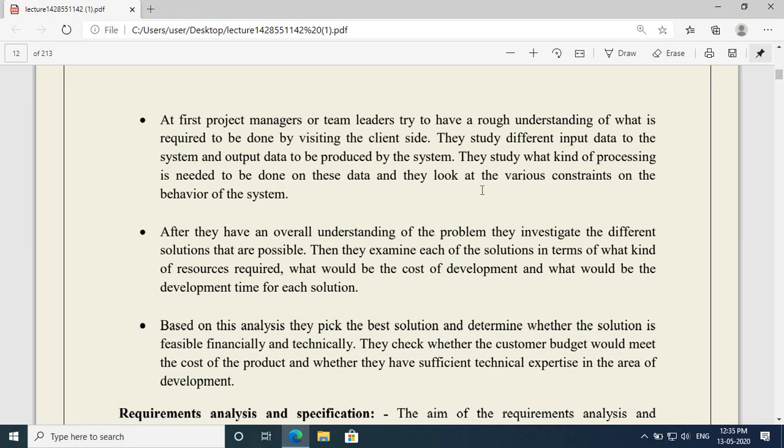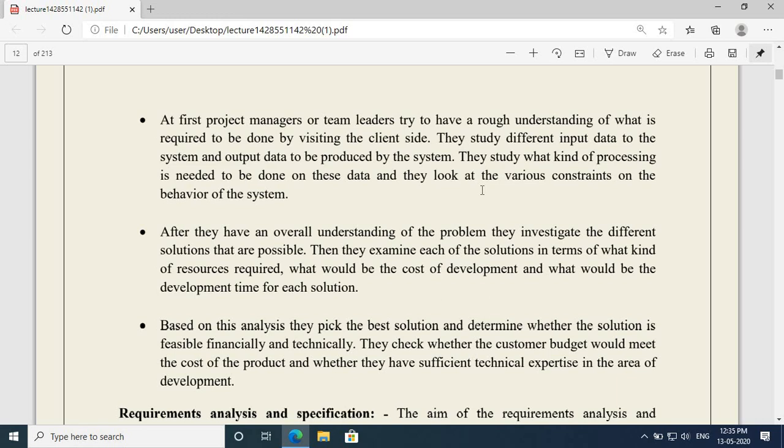Whenever the client wants to develop software, he must go to a company that can develop the software. After that, the team members or team leaders must visit the client side.